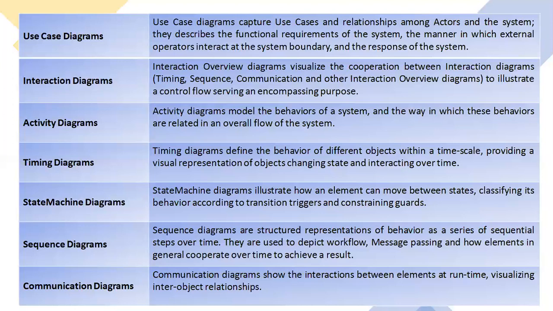And coming to the third one, that is activity diagram. These activity diagrams depict the flow of activities, which are ongoing non-atomic operations in a state machine. These activities result in actions, which are atomic operations.